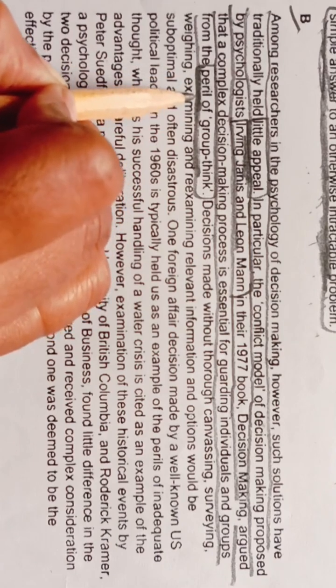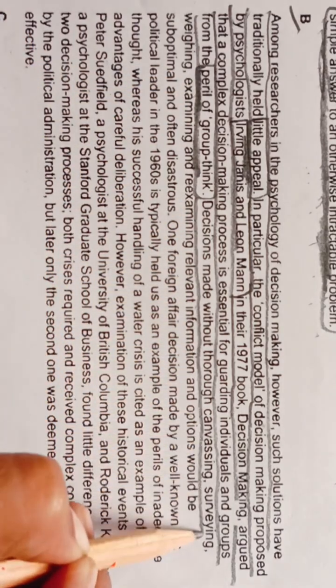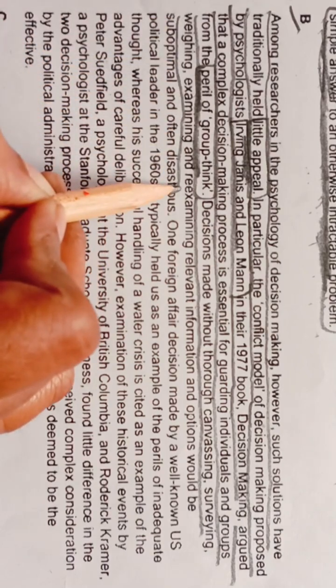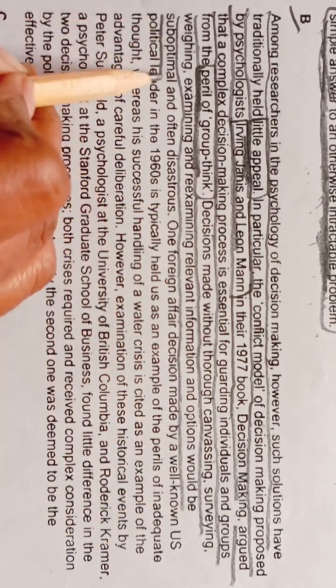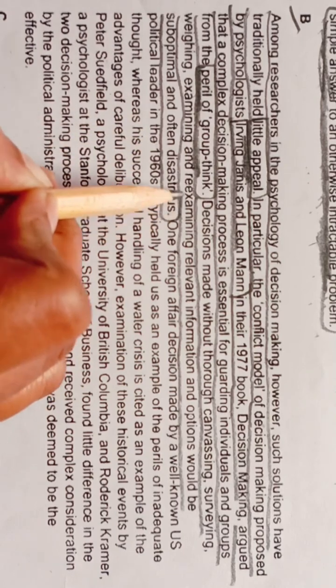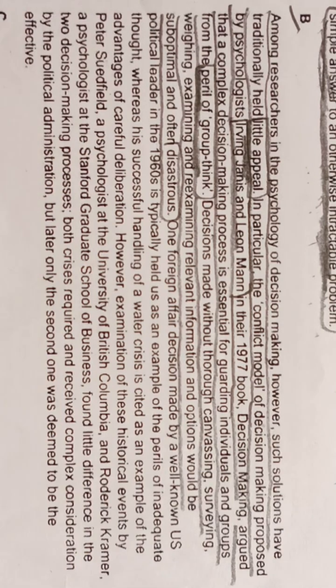Okay, peril means danger. Decisions made without thorough canvassing, surveying, weighing and examining and re-examining relevant information and options would be suboptimal and often disastrous. What do you mean by disastrous? Disastrous means causing great damage.